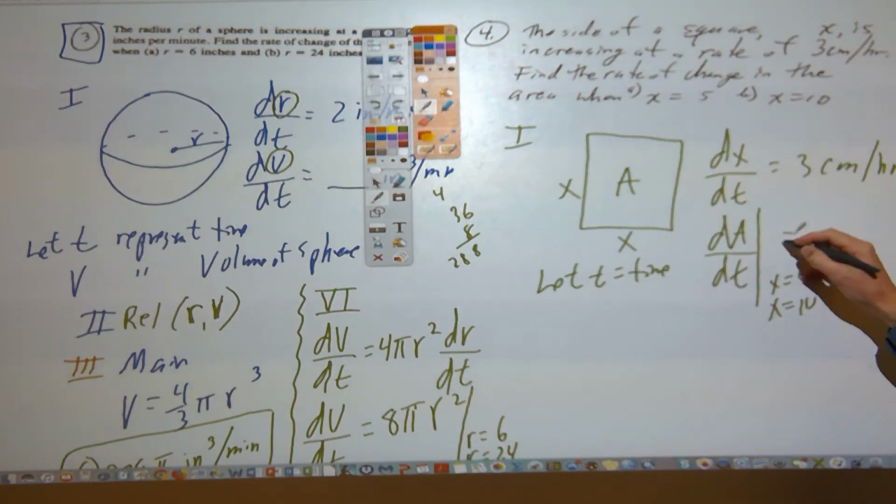Would you please try to complete this problem on your own? Try to do Roman numerals 2, 3, and 6 on your own. You may begin.